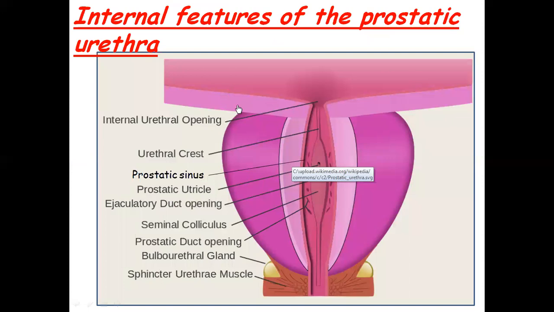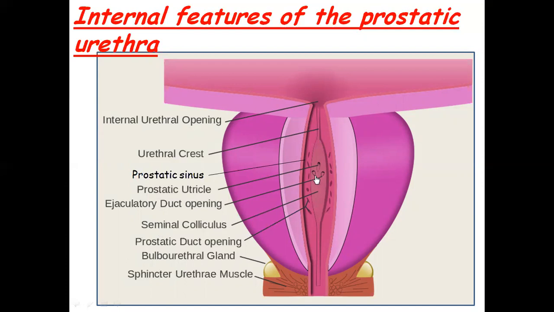Now let us see. This is the urinary bladder and this is the prostatic urethra. The part of the urethra passing through the prostate gland is the prostatic urethra. In the prostatic urethra, you find one median elevation, which is the urethral crest, and then a rounded elevation called the seminal colliculus, or colliculus seminalis.